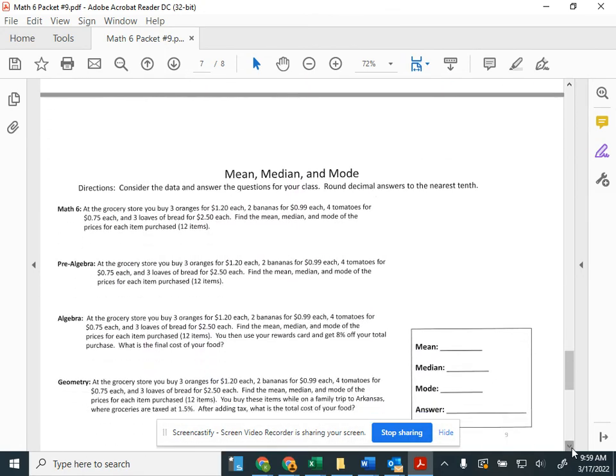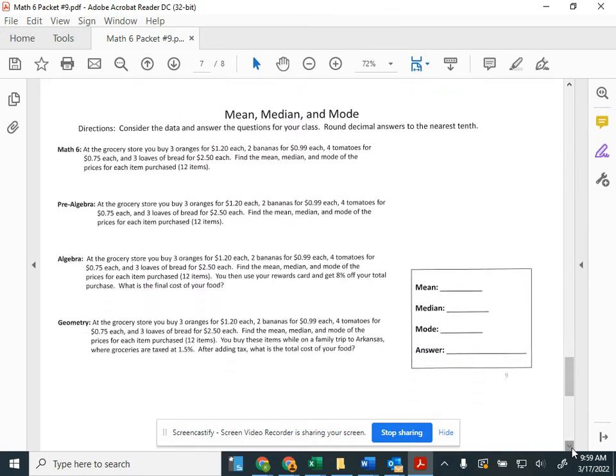Mean, median, and mode. So, at the grocery store, you buy 3 oranges for $1.20 each, 2 bananas for 99 cents each, 4 tomatoes for 75 cents each, and 3 loaves of bread for $2.50 each.